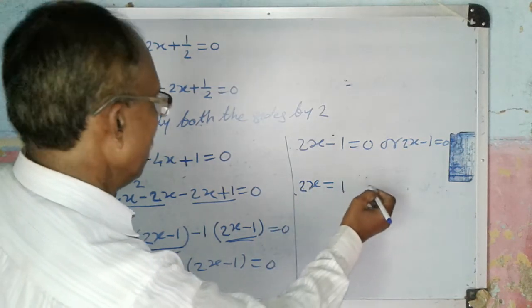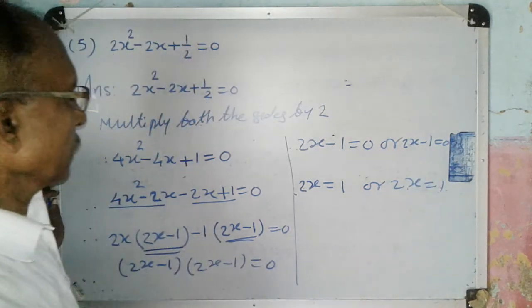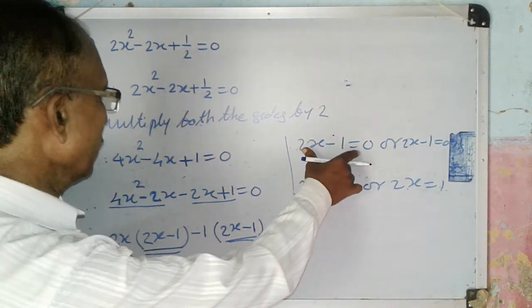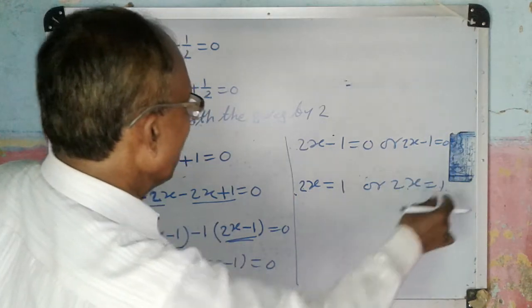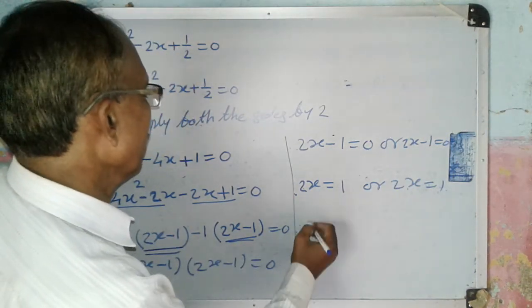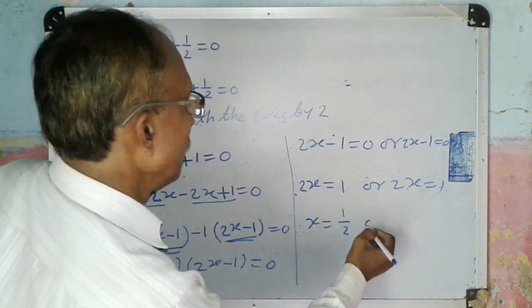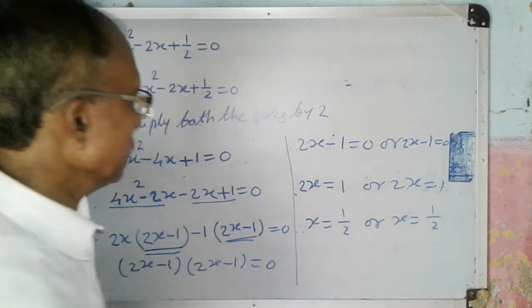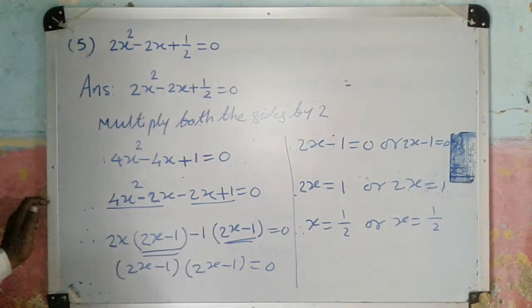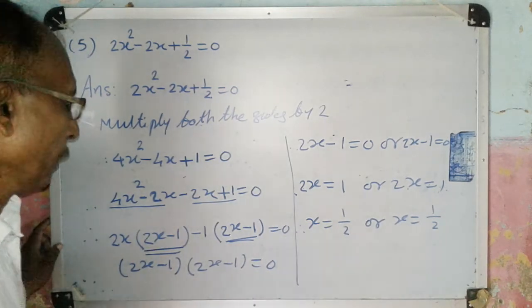From this equation we get 2x is equal to 1, and from this equation we get 2x is equal to 1. Therefore, x is equal to 1 upon 2 or x is equal to 1 upon 2. Therefore, the roots are 1 upon 2 and 1 upon 2.